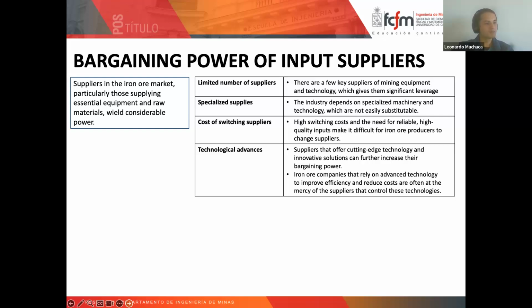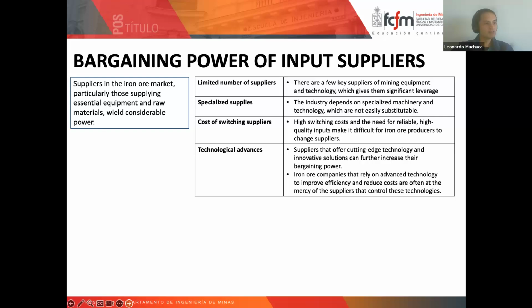The limited number of suppliers, we're thinking about, in this case, as Jordanelis said, BHP in Australia. Even though there are other main producers such as Rio Tinto, there are a few key suppliers of mining equipment and technology, which gives them some significant leverage.